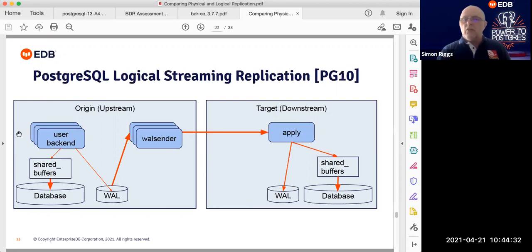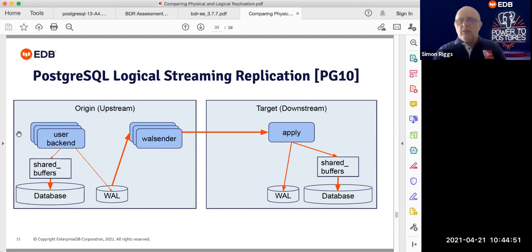Now, the design of logical replication is similar. We use a WAL sender process, exactly the same purpose, to send changes down the replication link, and then we have a different type of process which applies the changes on the apply side.